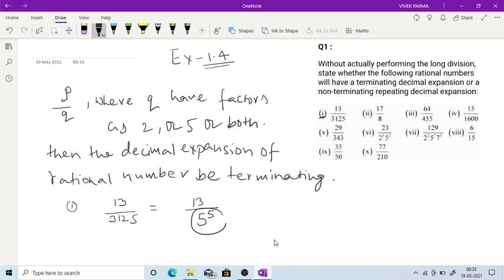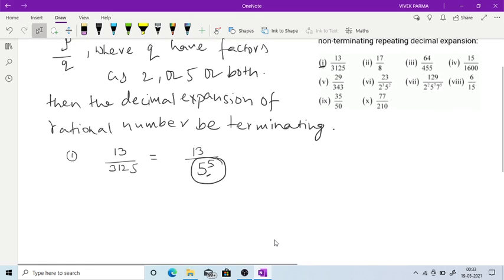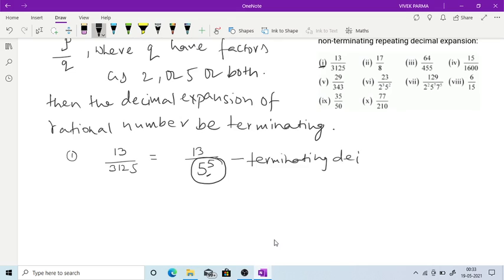It means this rational number will have terminating decimal expansion. Why? Because this number has factors as 5, right? For question number 2, we have here 17 upon 8, terminating decimal expansion.